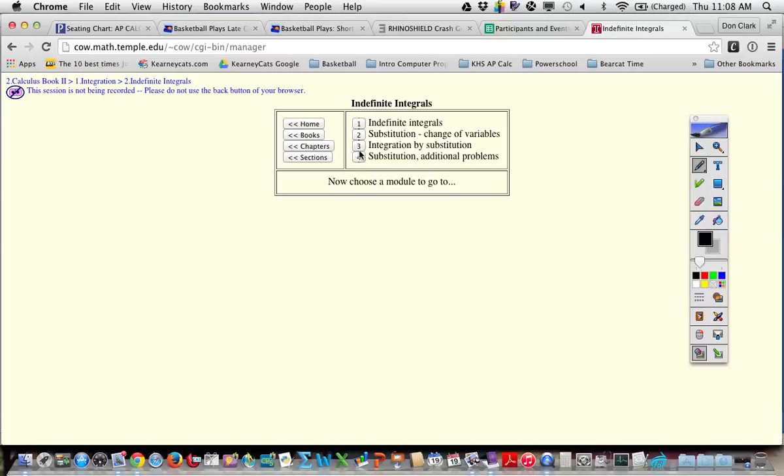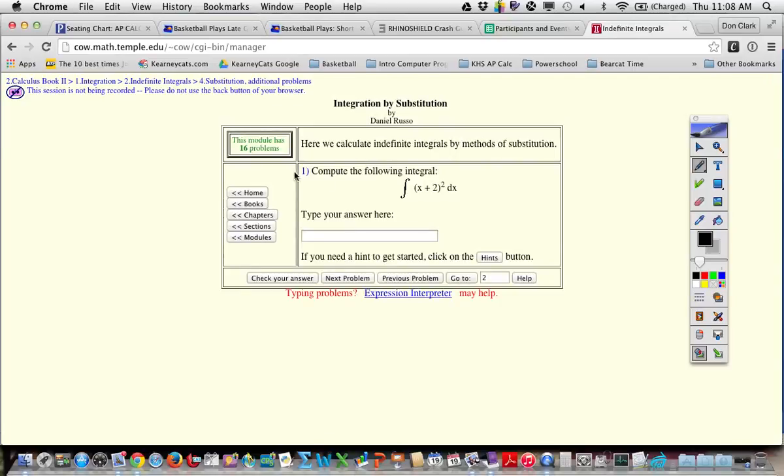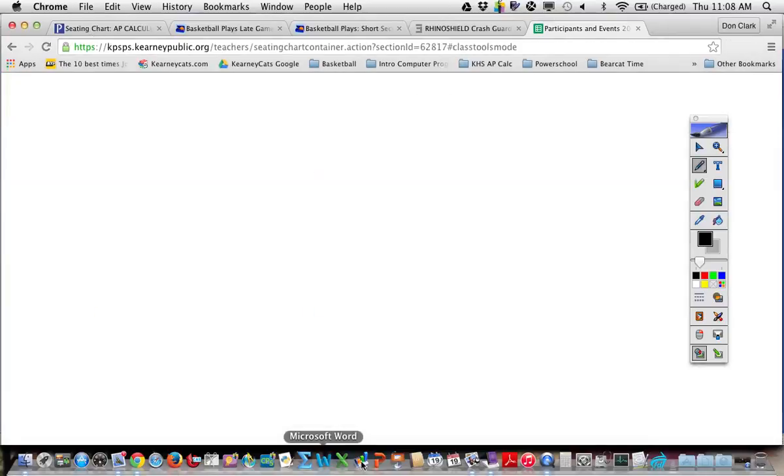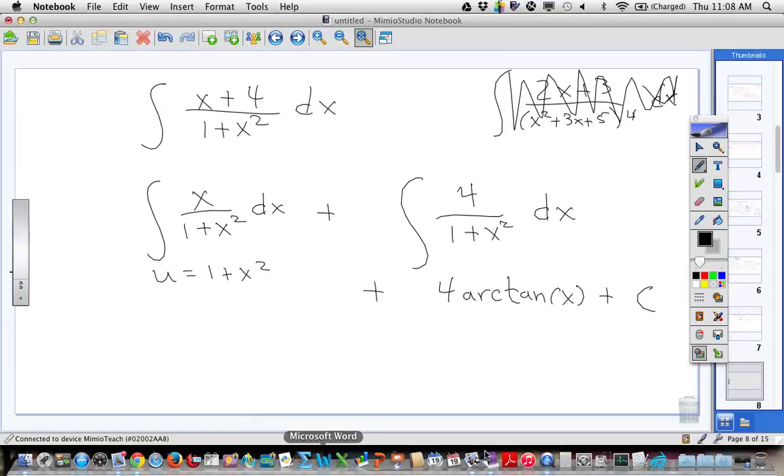Integration by substitution. I don't know, that didn't really have any integration by parts on it. So there's not a lot of good places for integration by parts problems other than what we were just talking about. There are a few there. If Flash will work on your computer, a different browser would probably work better. And so it just gives you some more examples. So there's a place for some integration by parts.